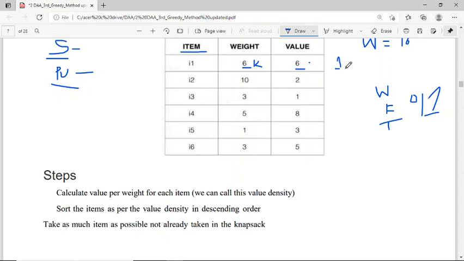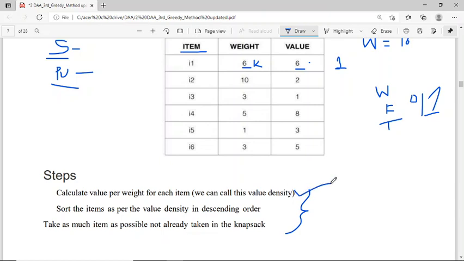We get 1. 1 kg is equal to 1 rupee. Like that we need to solve the problems. We need to get the density. Sort the items as per the value density in descending order. Take as much as possible not already taken in the knapsack. So these 3 steps we need to do.